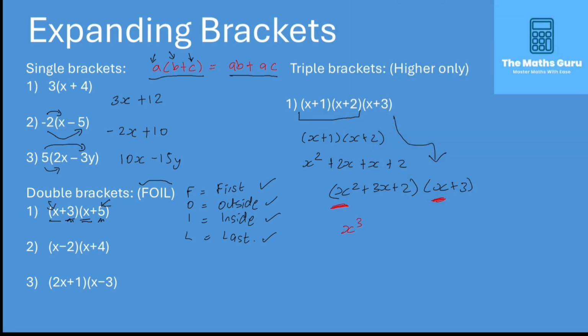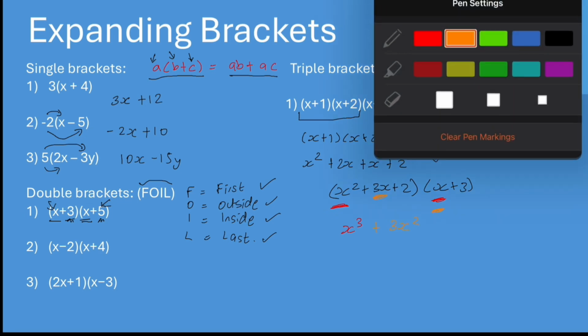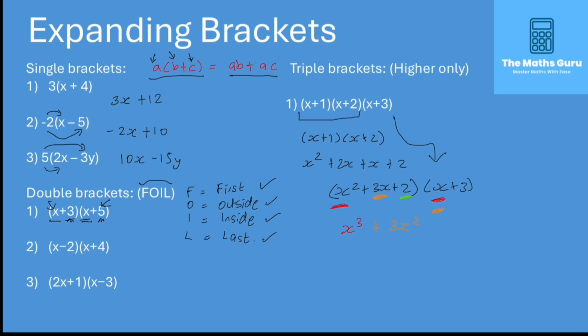Then we do 3x times x, we get plus 3x squared. Then we take 2 times x, and we get plus 2x.